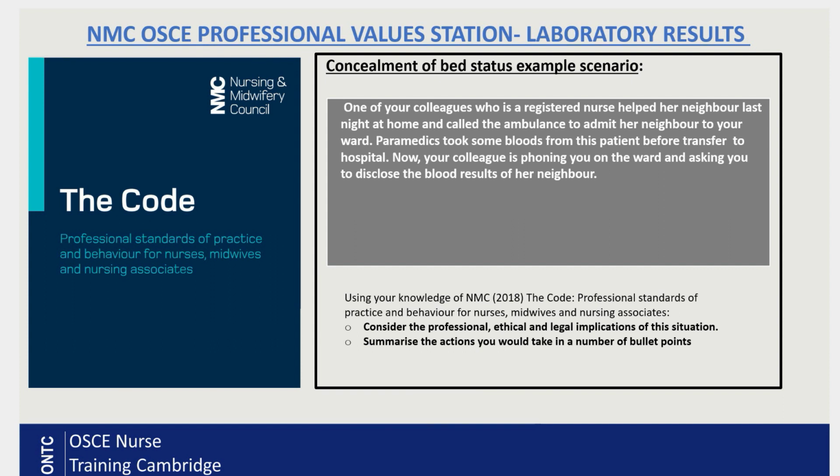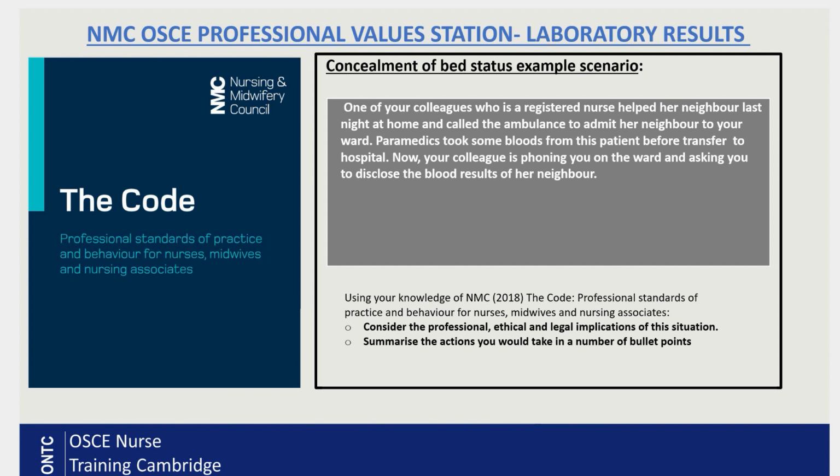Paramedics took some blood samples from the patient before transfer to hospital. So she knew the paramedics had already taken some bloods when they attended the patient at home before transferring to hospital.